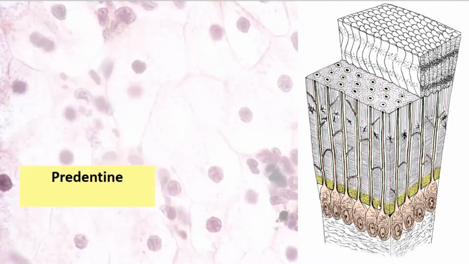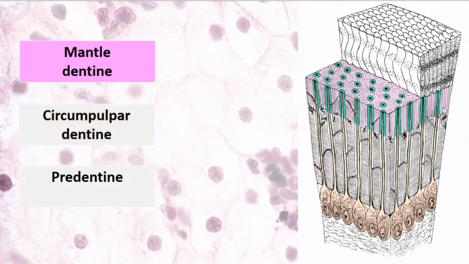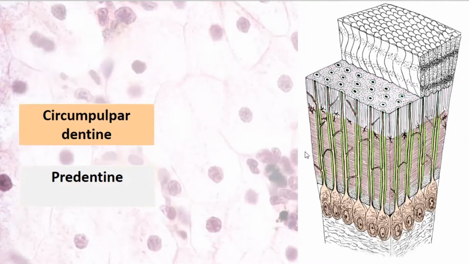Also, another localization. Non-mature dentine is called predentine. It's located near the pulp. It's newly produced dentine. Also, we have circumpulpar dentine, which is located near the pulp, or peripulpar dentine, deep dentine, and also we have mantle dentine. Mantle dentine is located under the enamel, and it has radial direction of collagen fibers, and circumpulpar dentine is located deeper, and it's younger according to the age.